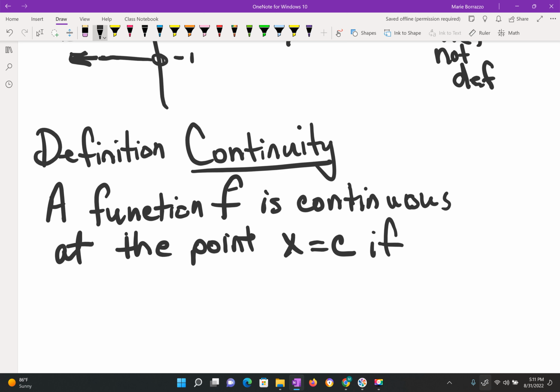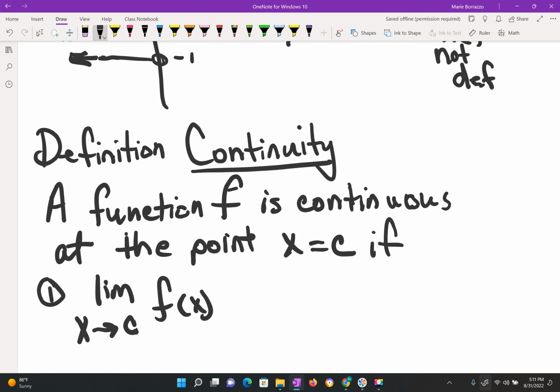Now there are three conditions that I'm going to share with you. Condition number one, the limit as x approaches c of f of x, whatever the function is, actually just simply exists.